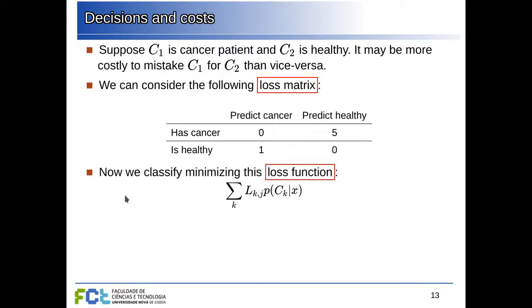If we look at the problems of making a mistake in the prediction, we see that the cost is not the same, because if a healthy person comes in and we have a false positive and we predict that this person has cancer, okay, that's probably quite a scare, but then we do some additional testing and so on, and we see that it was a mistake, so not a big deal.